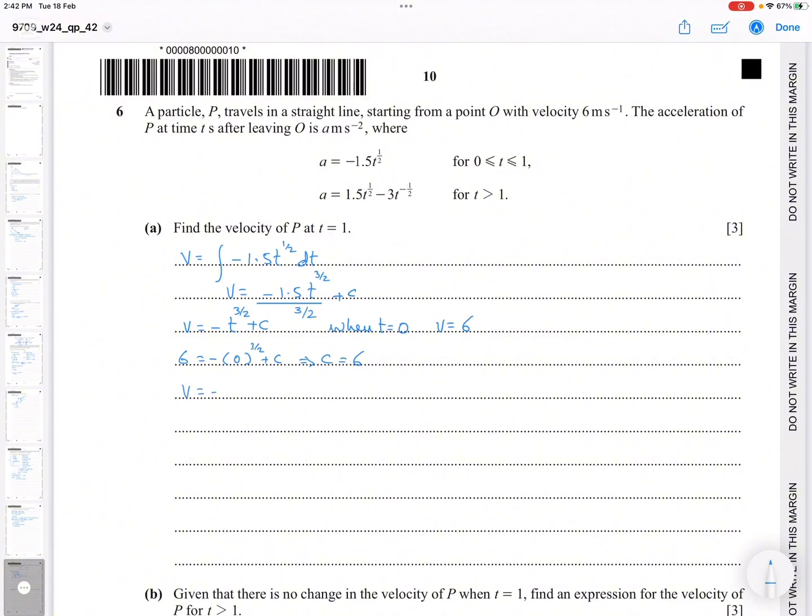So v is equal to minus t power 3 by 2 plus 6. Now when t is equal to 1, v equals minus 1 power 3 by 2 plus 6. So velocity is 5 meter per second.